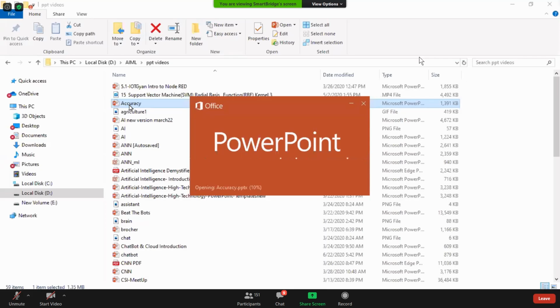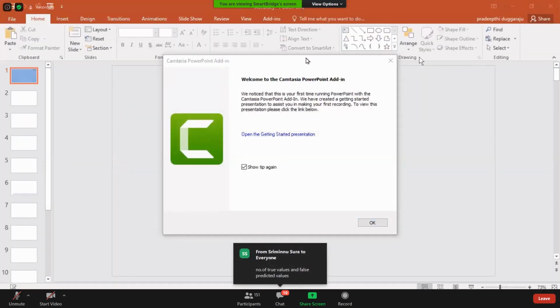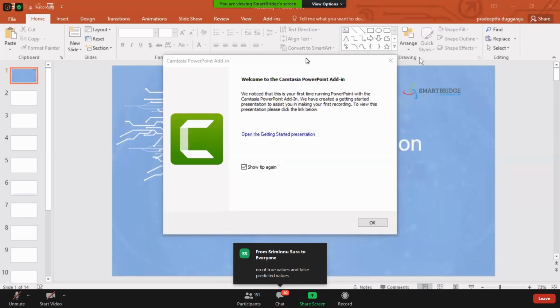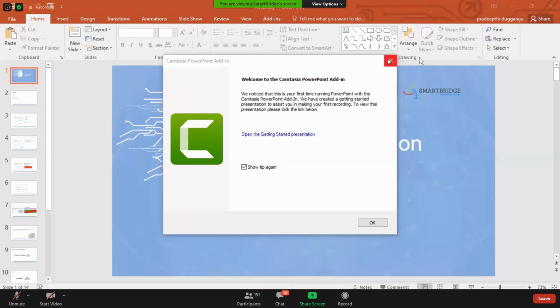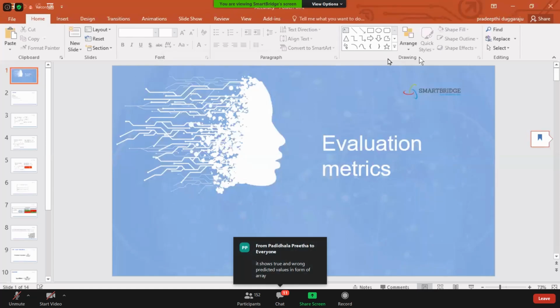Guys, a small request. While answering the questions, please answer privately. While asking the questions, please ask everyone. All right? So confusion matrix is a matrix which will showcase the number of true predictions as well as the number of false predictions. Yes, so that's what confusion matrix is. And what about TPR?